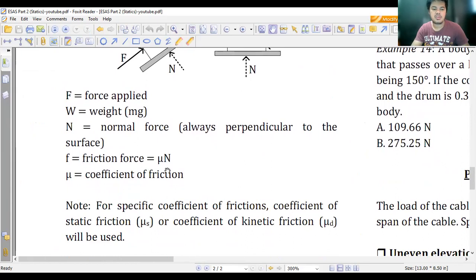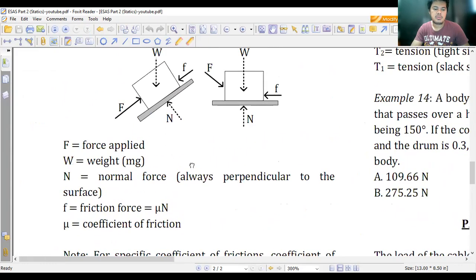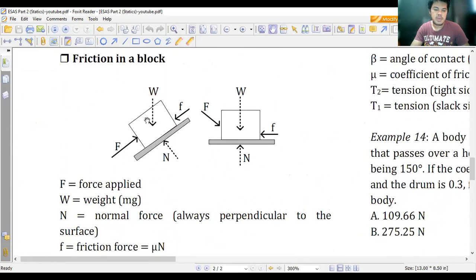So we may say that the value of the friction force is equal to the coefficient of friction multiplied by the normal force. Now, before we go to the normal force, take note that the weight of the object, or weight of the body, is always situated or positioned vertically, regardless of whether the object is situated in a horizontal plane or inclined like this one.